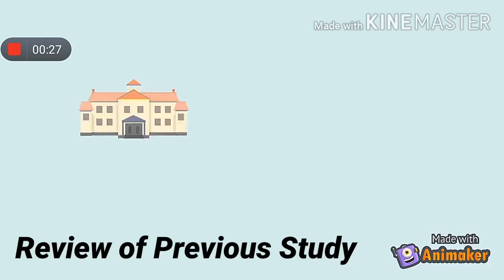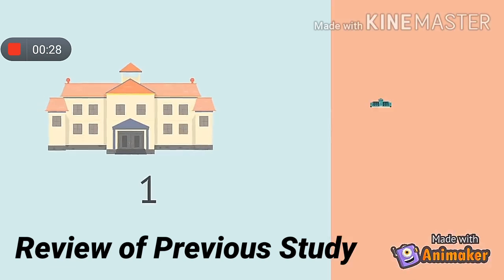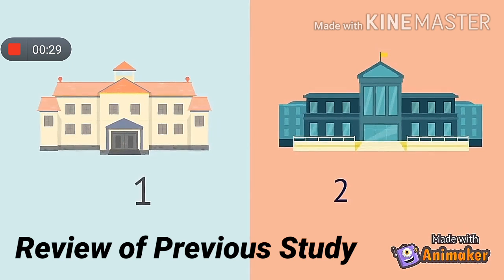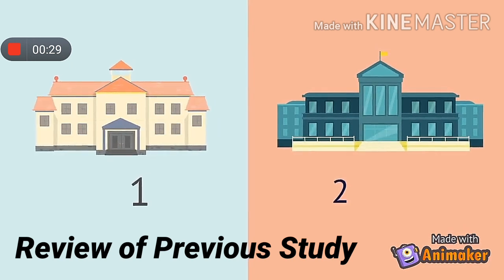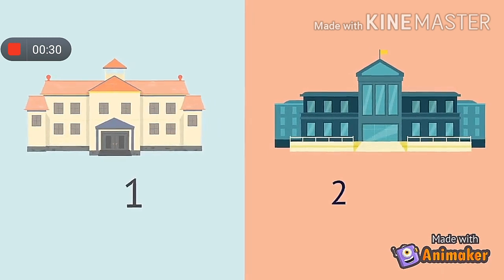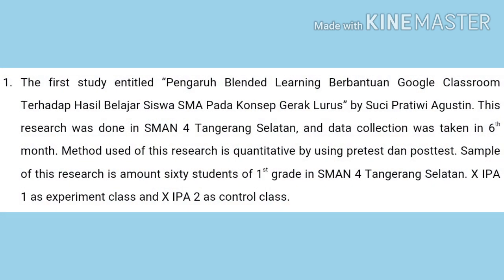6. Review of previous study. The first study entitled Pengaruh Blended Learning Berbantuan Google Classroom terhadap hasil belajar siswa SMA pada konsep gerak lurus by Suci Pratiwi Agustin. This research was done in SMPN 4 Tangerang Selatan, and data collection took 6 months.